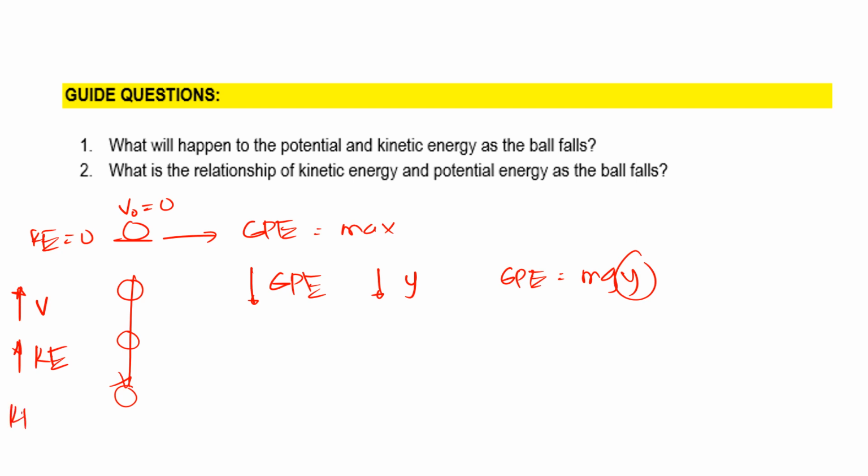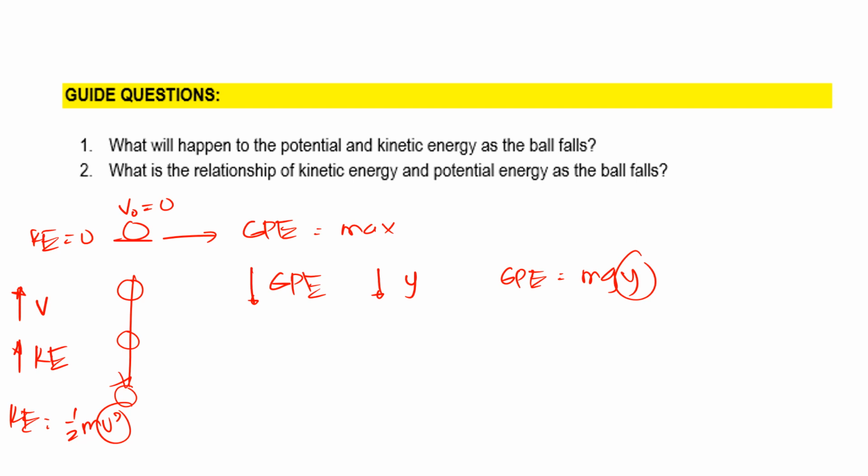Again, the formula for kinetic energy is 1/2 mv squared. So as the ball falls, the gravitational potential energy decreases and the kinetic energy increases.